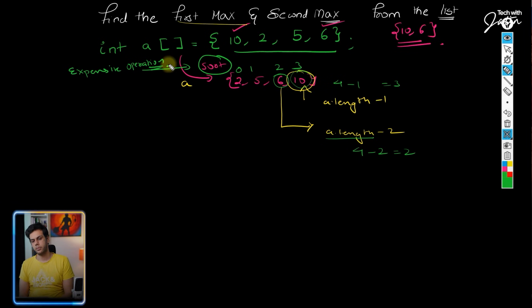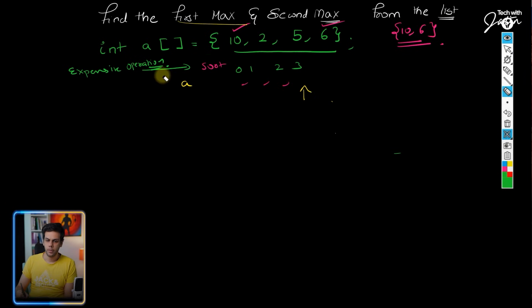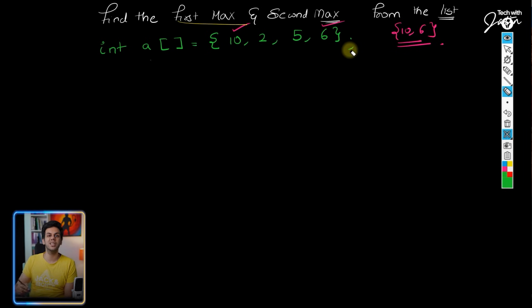Now, how will we approach this particular problem? So, of course, we are not going to use sorting. What we will be doing now is we will be using a technique of assumptions. We will traverse this particular array, that's for sure.